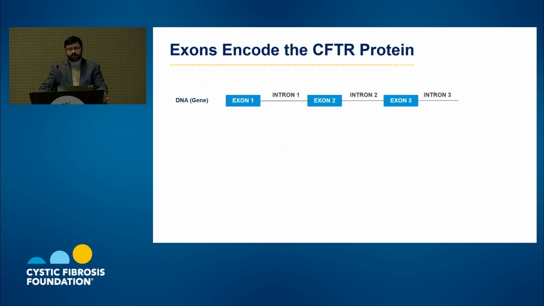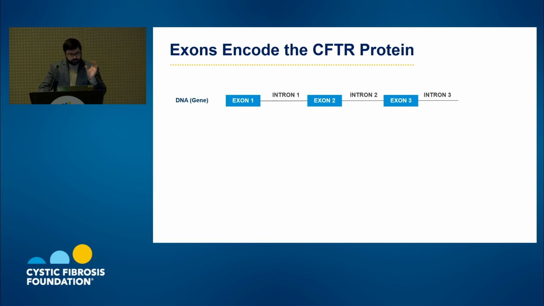Another important concept that I think we really need to focus on as we move forward in the presentation, and I think some of this was alluded to in Kara's presentation as well, is the concept of exons and introns and what they are, because some of the therapeutic strategies target different aspects of the DNA. CFTR itself is made up of 27 exons and 26 introns.